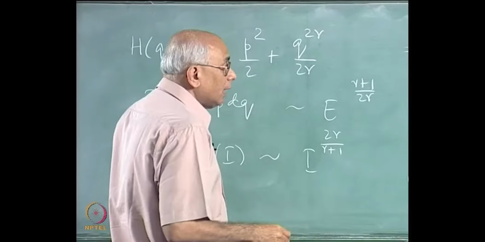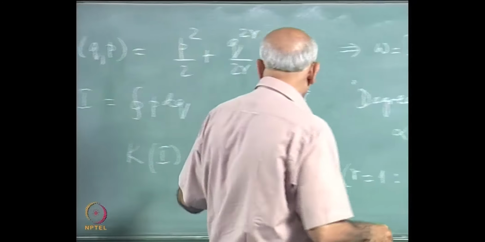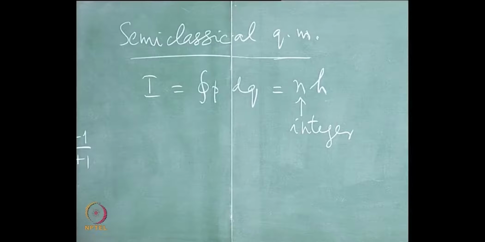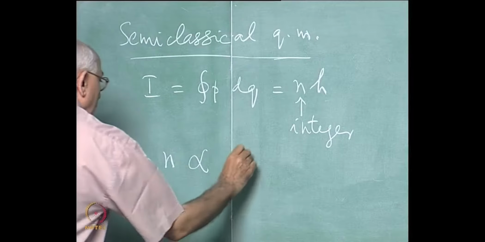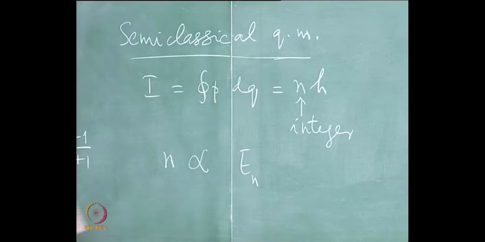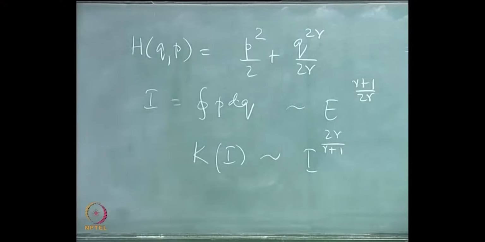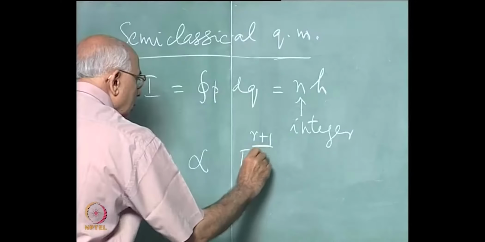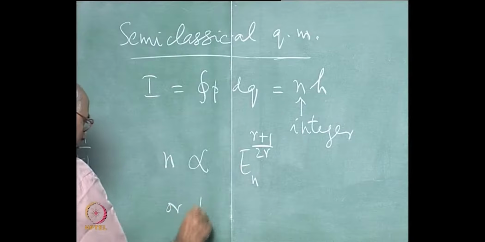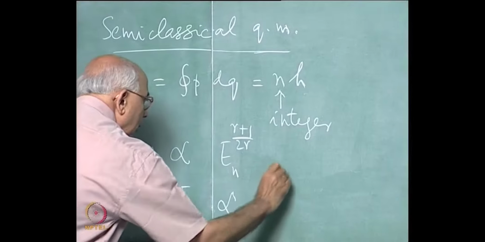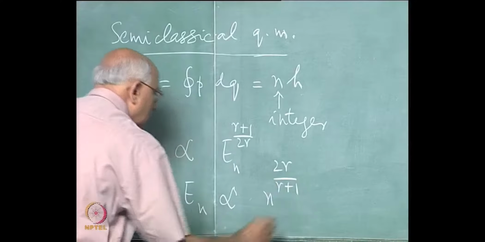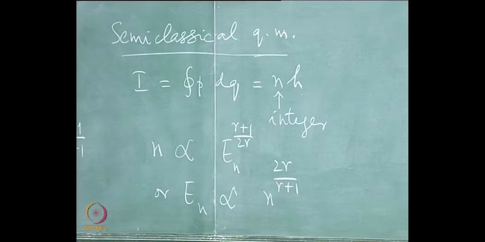And if you take that along with this, this at once implies that n is proportional to the energy level E sub n to the power r plus 1 by 2r, or E n is proportional to n to the power 2r over r plus 1. So it tells you something about the level spacing for quantized motion in this potential.